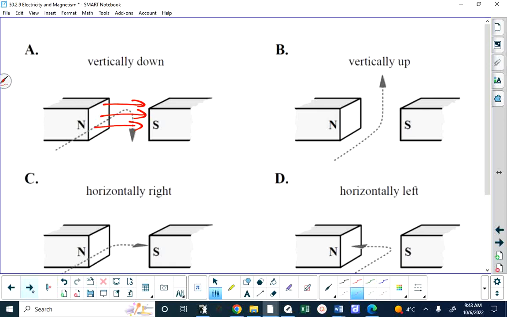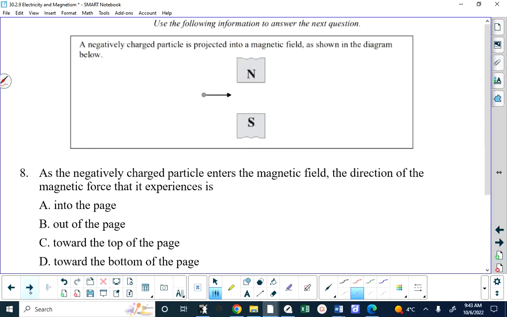Fingers north to south. Thumb in. It's forced towards the bottom of the page. It's A. It would never be forced in the direction of the field. It's always perpendicular. It's not forced up. It's not forced to the left. It's A.